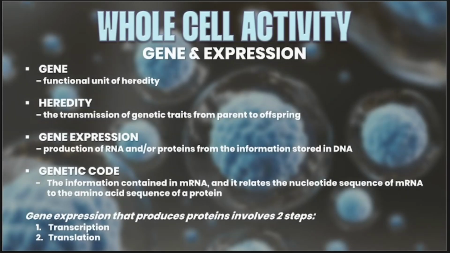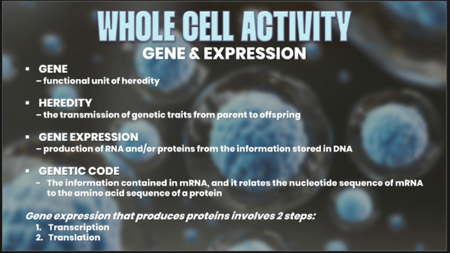Now we have your whole cell activity, in which we have gene expression. Your gene is termed the functional unit of heredity that carries the genetic information for traits and characteristics. Heredity is the process in which your genetic traits are passed from parents to their offspring.